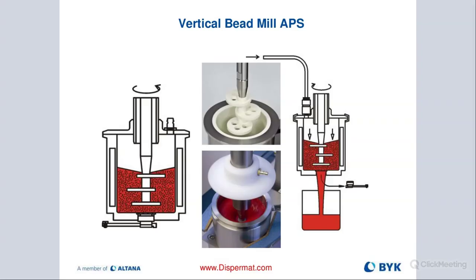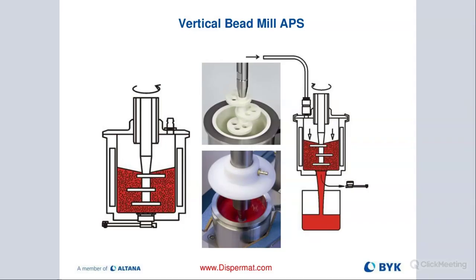Here's just the drawing of the APS. So you can see the milling impeller, the beads, the slurry, the drain plug. And then once you remove the drain plug, you're forcing out the milled material into the container right below. Extremely efficient, awesome, but not ideal for scale up because you can add 100% bead loading. So let's say you have a 1 liter container, you have 500 milliliters of material.